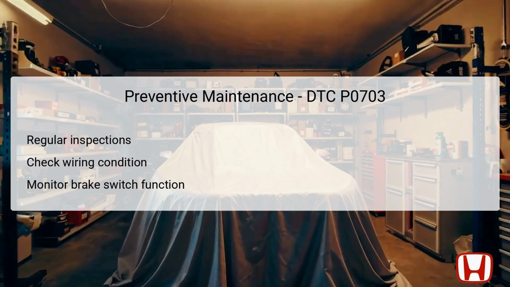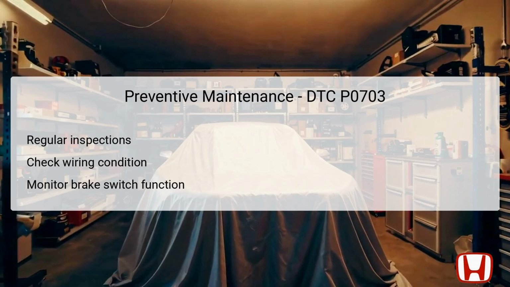To prevent issues related to DTC P0703 from occurring in the future, regular maintenance and inspections of the brake pedal position switch and associated wiring are imperative. Routine checks can quickly identify loose connections or damaged wires that might lead to malfunction. Additionally, it is a good practice to inspect the brake pedal position switch functionality periodically, particularly when performing brake system services.